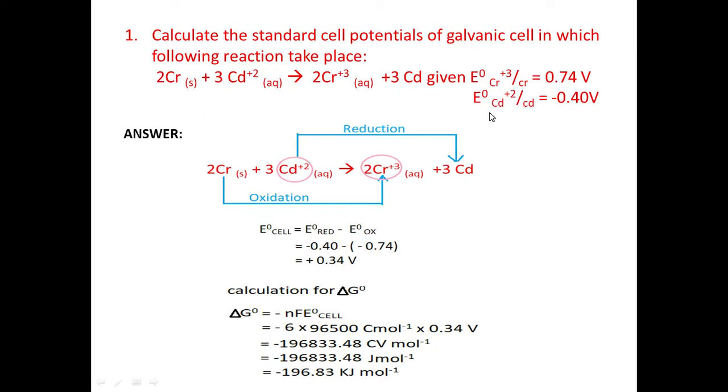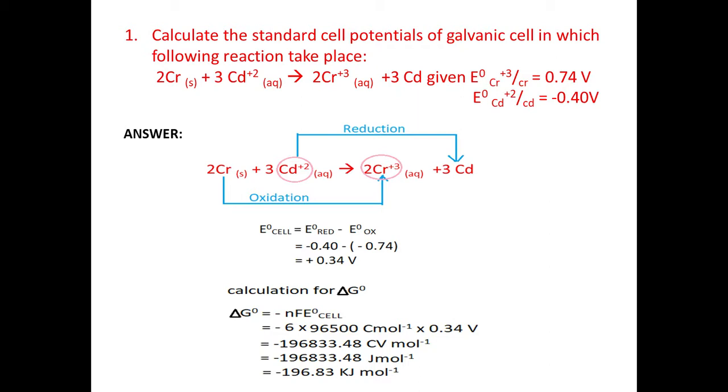The standard reduction potential of cadmium is minus 0.40. So we write it as such: minus 0.40 minus of minus 0.74. So we got the standard cell potential, that is plus 0.34 volt.